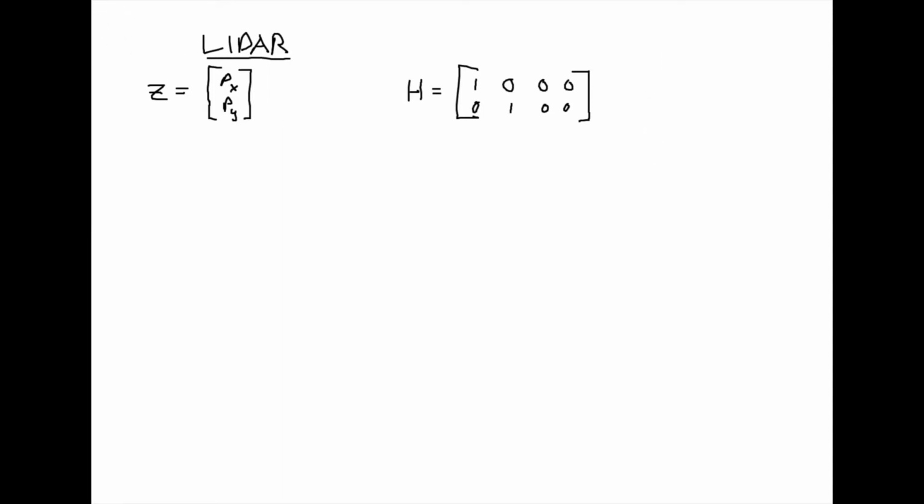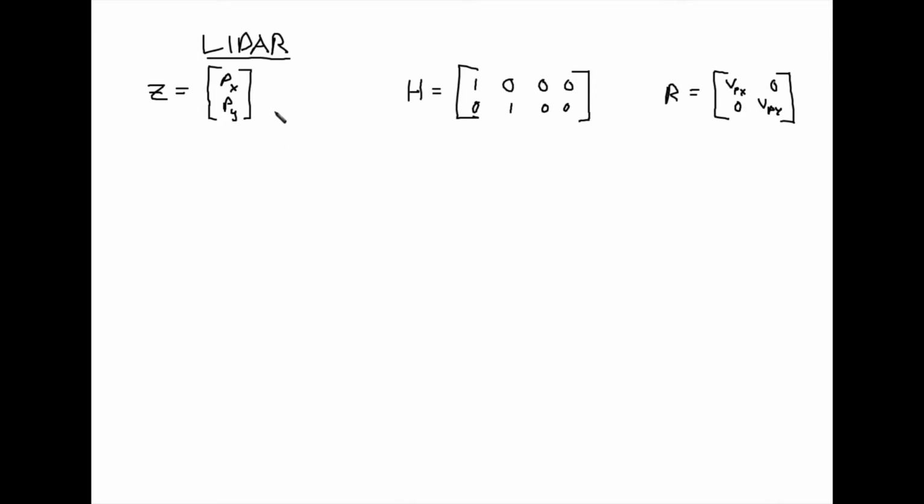And then one final thing is we're going to have a matrix for the measurement noise. That's going to be the variance for position in x and variance for position in y, and we're going to assume, again, zero covariance right here. So that's our R matrix, and this is the noise in our LiDAR measurement.